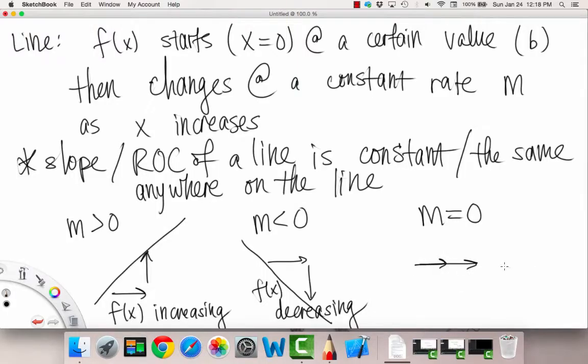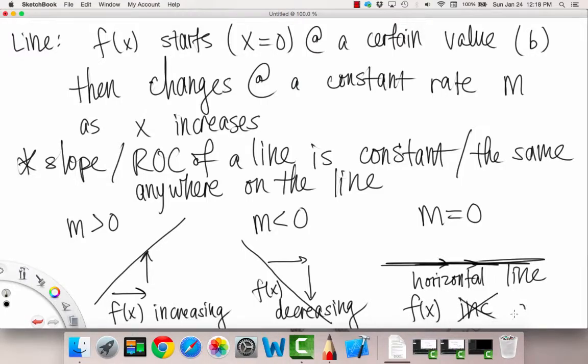They're constant. So our line is going to be horizontal, and f of x is neither increasing nor decreasing. Instead it's just called constant because it stays a constant value.